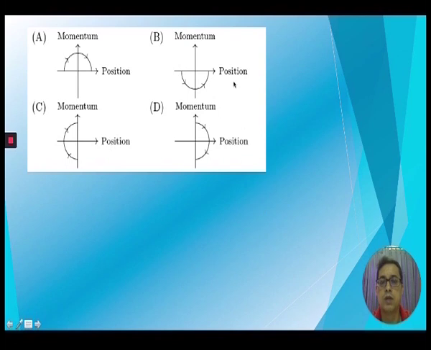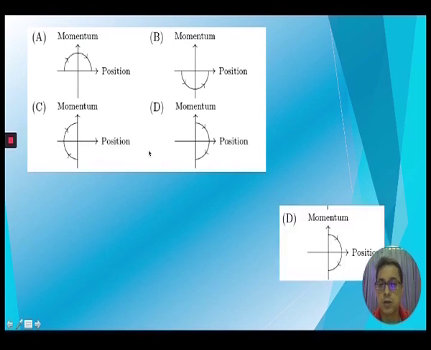Now if you look at these options here, you can see that the correct option is obviously going to be D, because at x equal to 0, the momentum is going up from this position, and it has some momentum mv0.